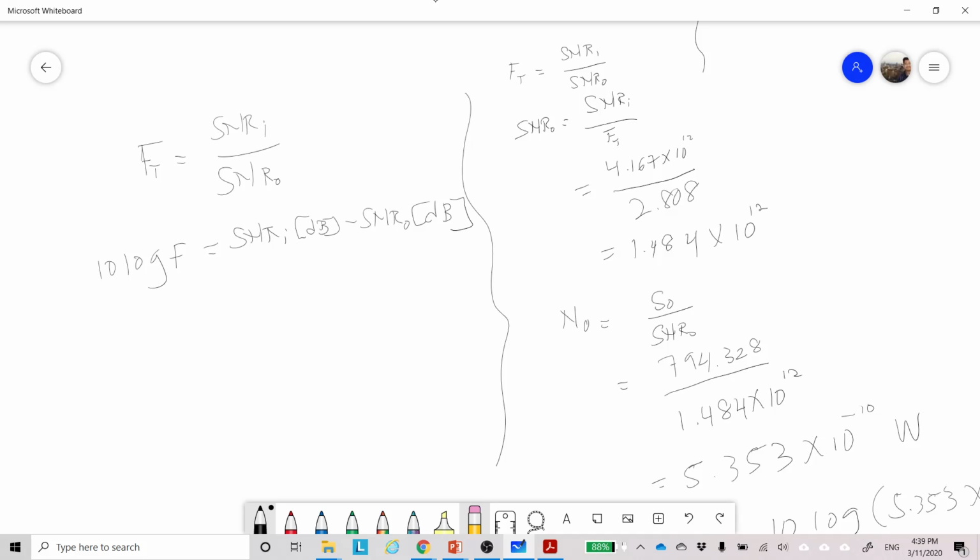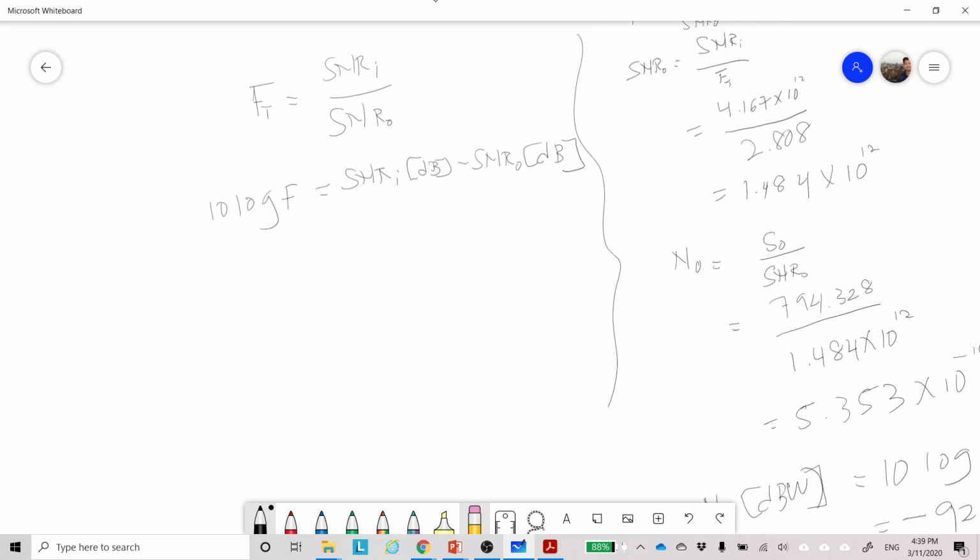Okay. So SNRO dalam decibel bersamaan dengan SNRI dalam decibel tolakkan dengan 10 log F ataupun noise figure. Ini pun dalam sebutan decibel. Okay, so you see that tadi kita dah dapat 126.198 dB tolakkan dengan noise figure.